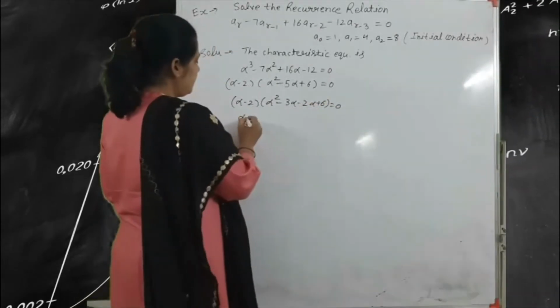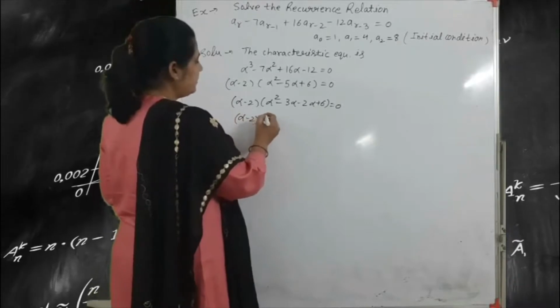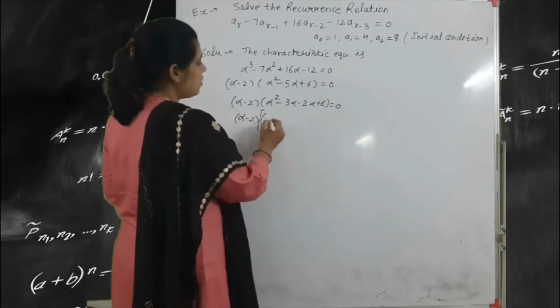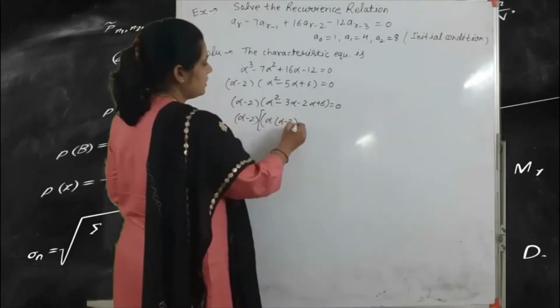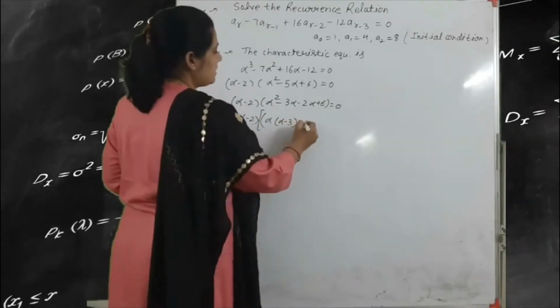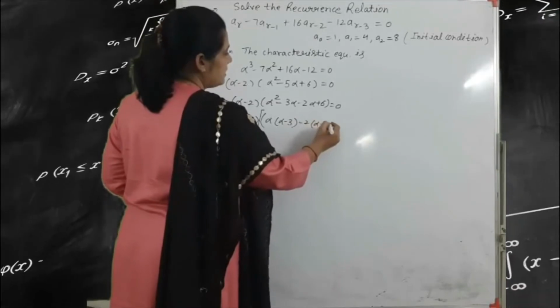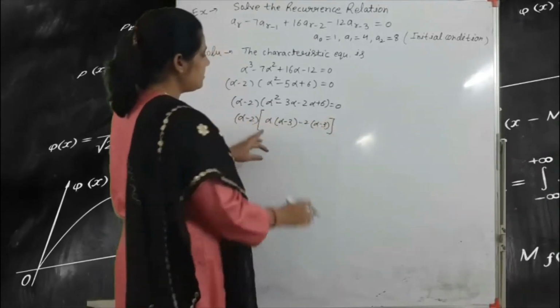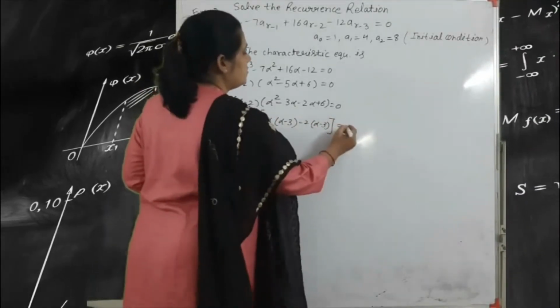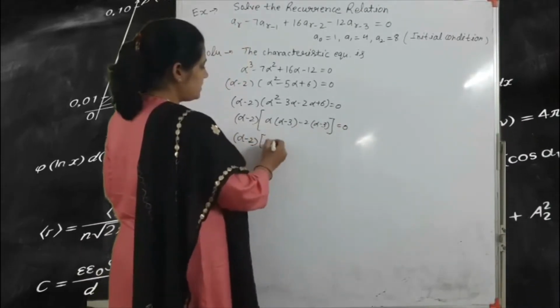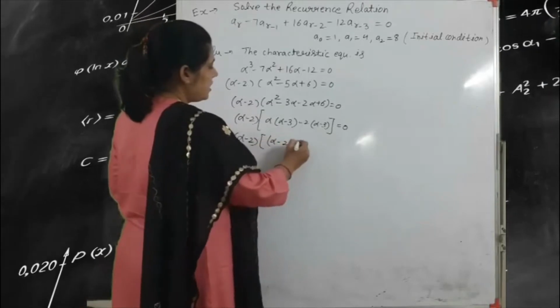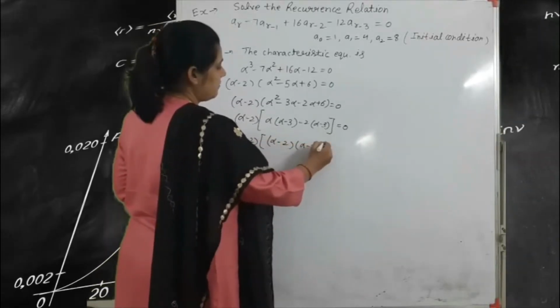Here alpha minus 2 is already given. First we write alpha, and in the remaining, alpha minus 3 minus 2, so alpha minus 3. So the first root is alpha minus 2. Next one is alpha minus 2 and alpha minus 3.